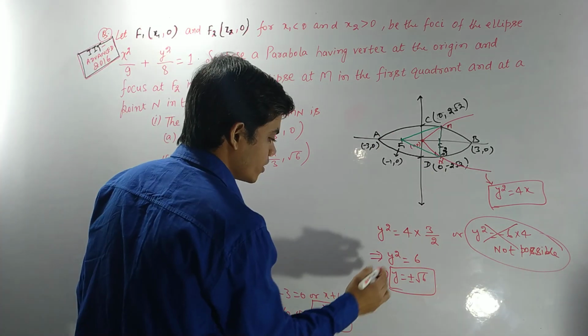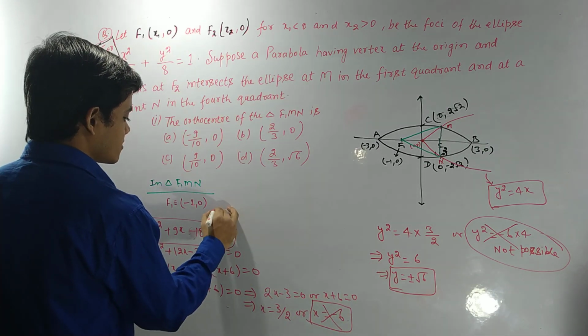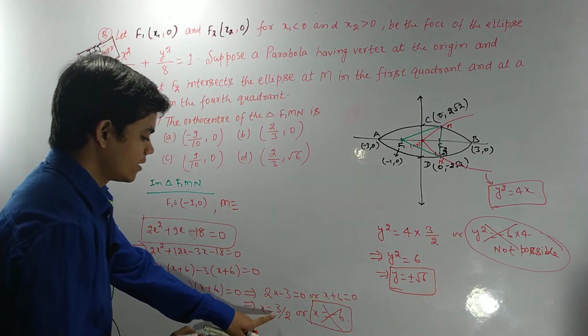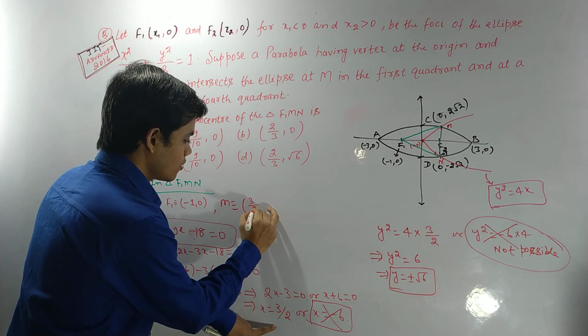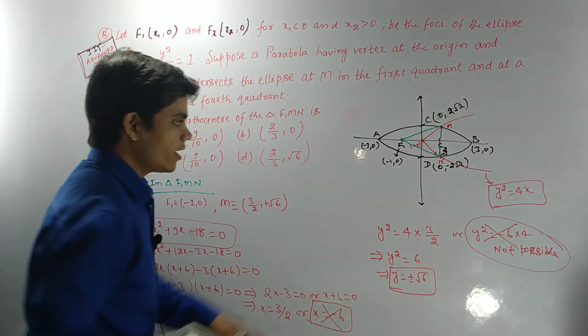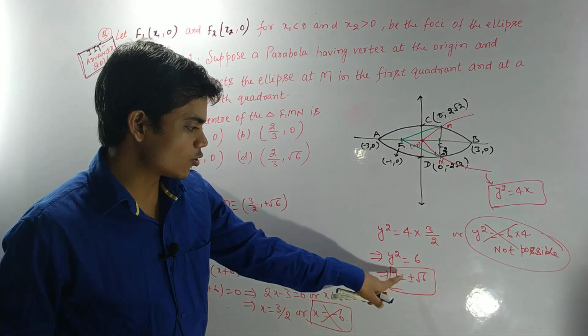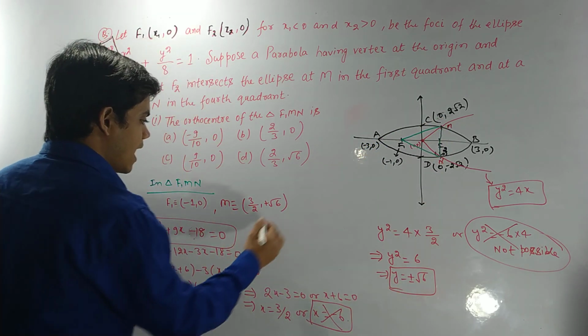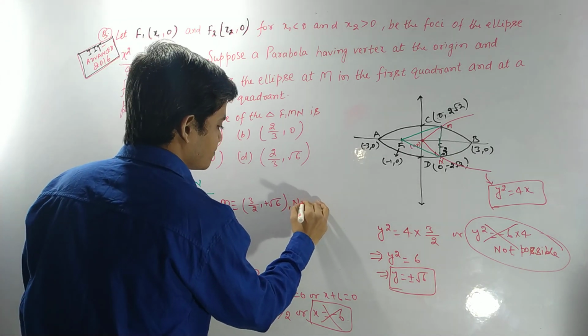One is M. In the first quadrant, our M would be 3 by 2, comma, plus under root 6. In the first quadrant you can see your y is plus root 6. And what about N?